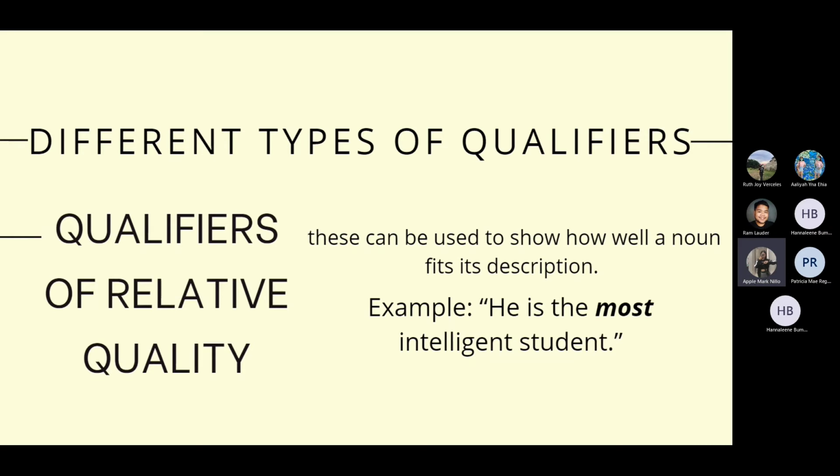By comprehending the sentence, we can tell that the person is the most intelligent of a certain group. Other examples of qualifiers that can be used without nouns are the most, the least, and at least. That's all for my part.